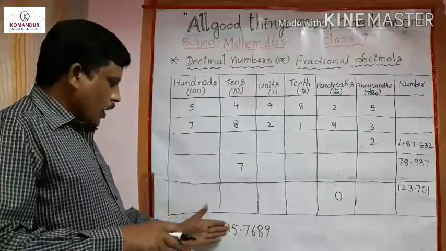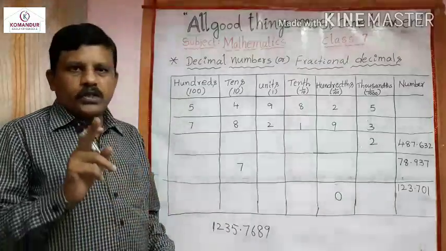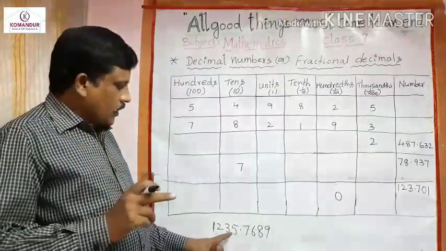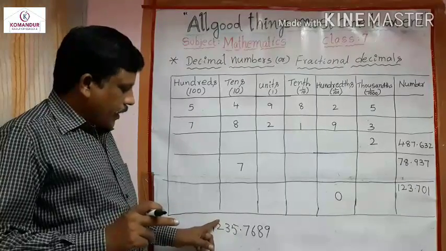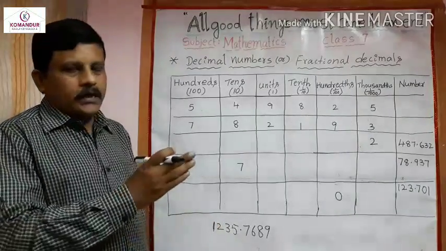So coming to the left side, unit. Unit is nothing but 1. So this is 1. This is 10. This one 100. This one 1000, like that.